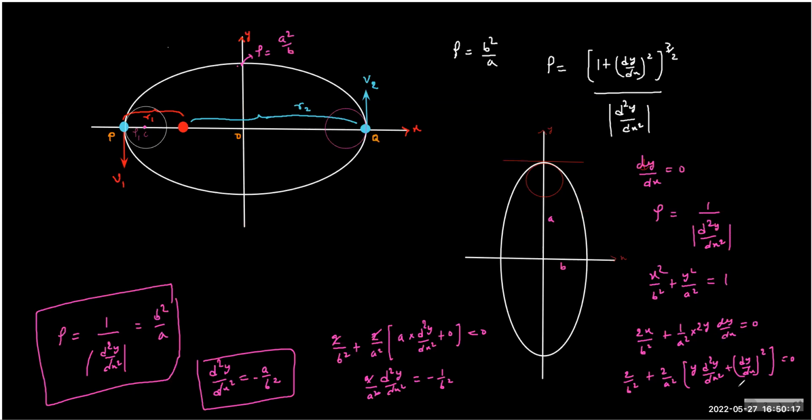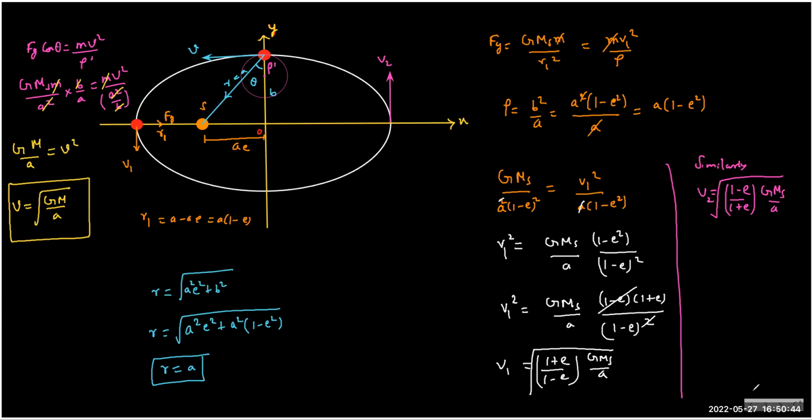Okay, so this is method 2, using the radius of curvature, and we got these velocities v, v1, v2, and on.